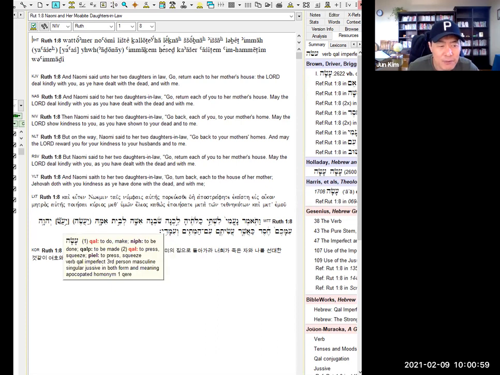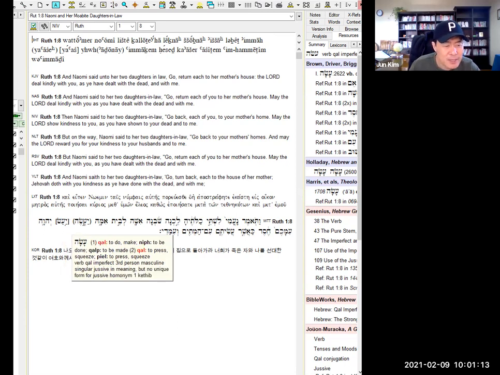So what is the difference? As you can see, in case of the third he verb, you may not be able to see the third he when it is used in what? Jussive. But it says this one is jussive in meaning, but not a unique form, not in form.